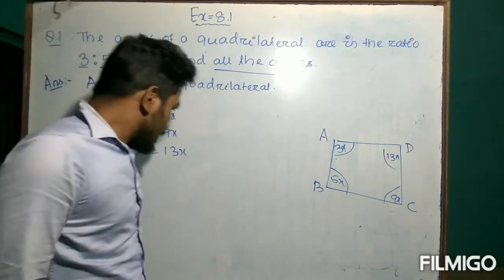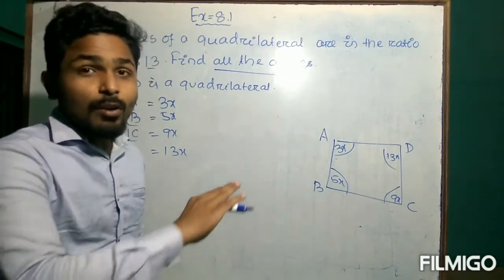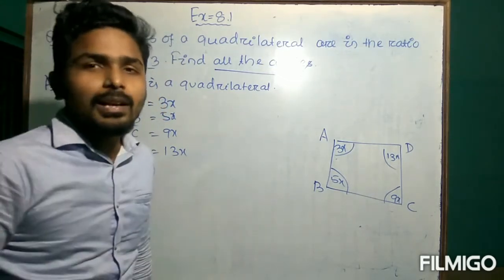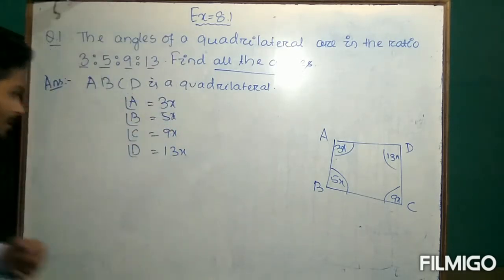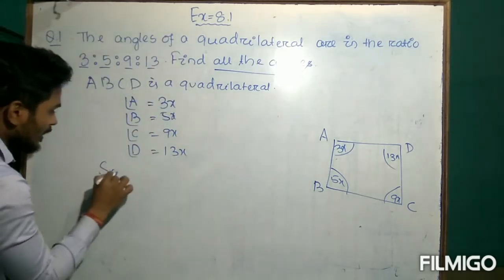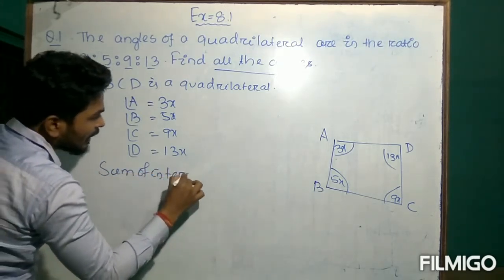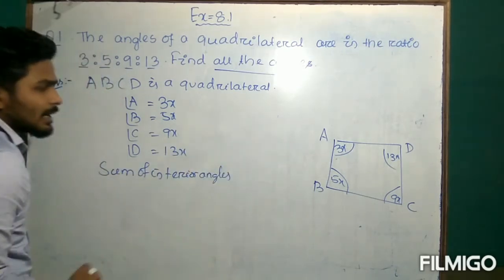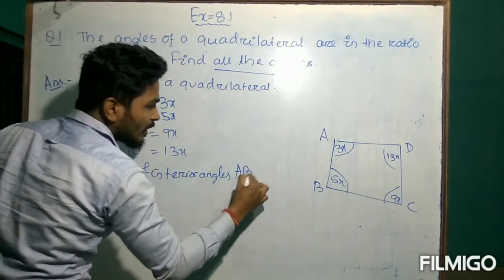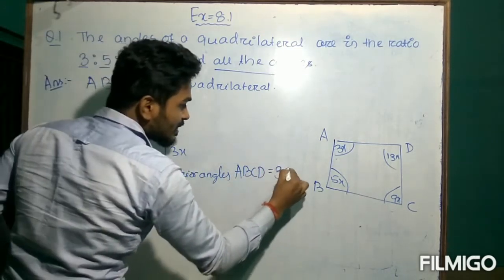How? Since it is a quadrilateral, we know the sum of all the interior angles of a quadrilateral is 360 degrees. The sum of interior angles of ABCD is 360 degrees.